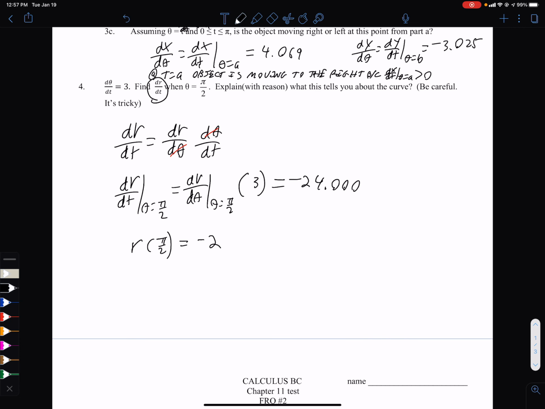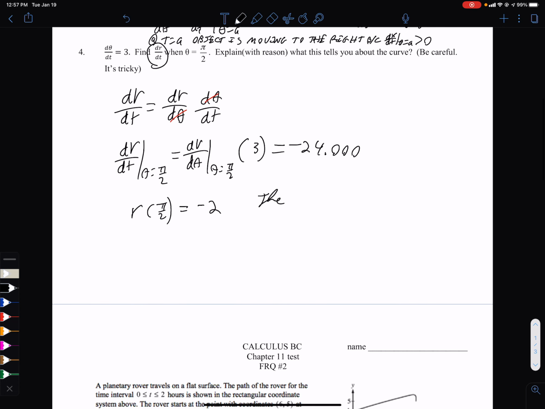So your answer is the object is moving away from the origin.